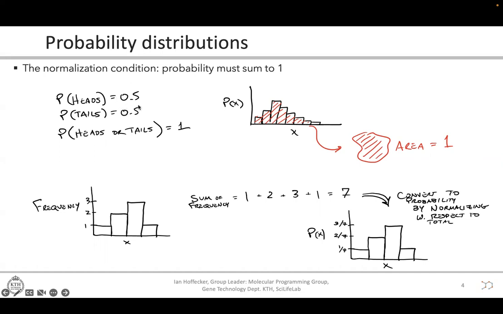The probability of heads plus the probability of tails needs to represent the probability of all the possible events. If there are just these two events, then those need to add to 1. And you can have this with frequency distributions as well. They can also sum to 1. So you can have a normalized frequency distribution, and we can, for example, convert things into something like a probability distribution by this process of normalizing, or dividing by the sum.